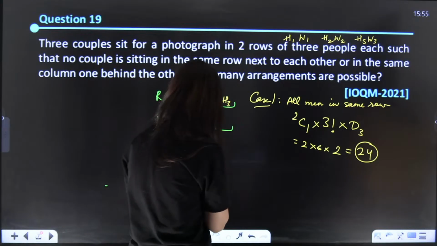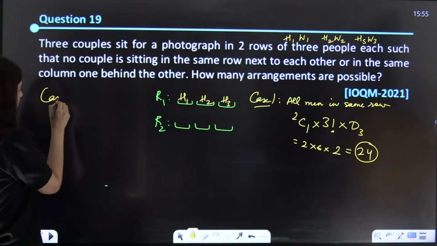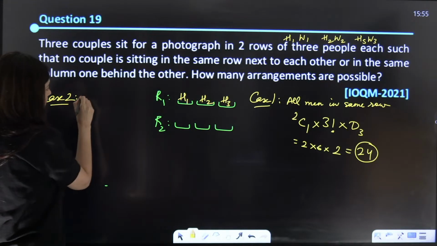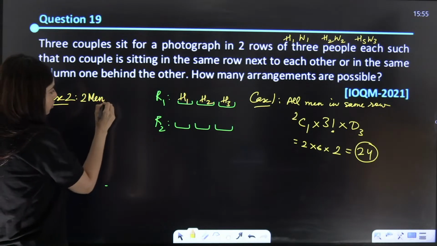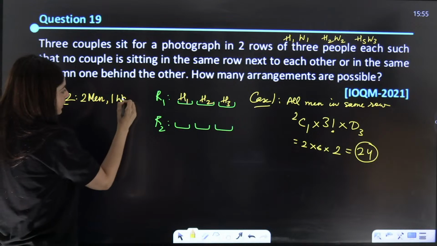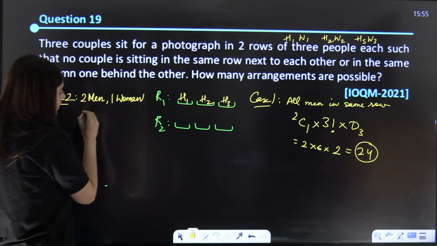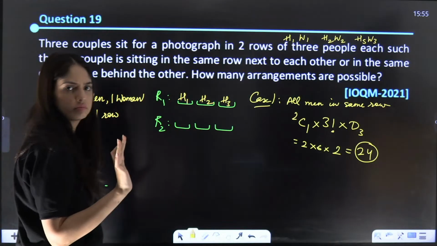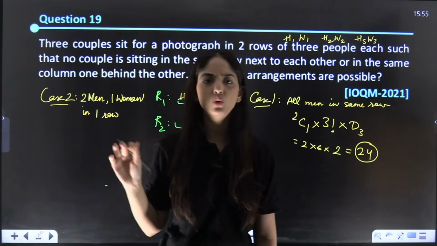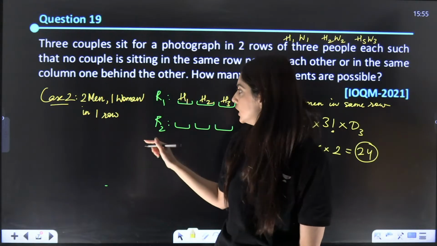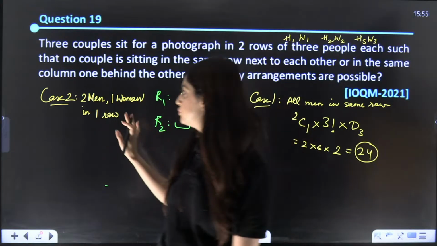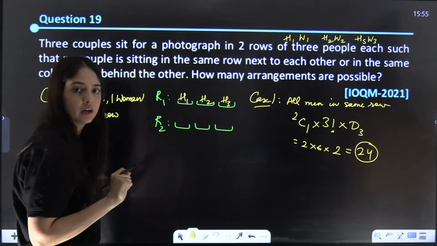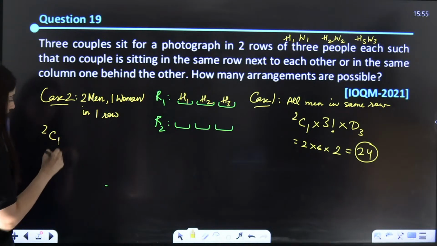Now, case 2. Two men and one woman in one row, and correspondingly there will be 2 women and 1 man in the other one. So first let's select which row will have 2 men. So we selected the row.